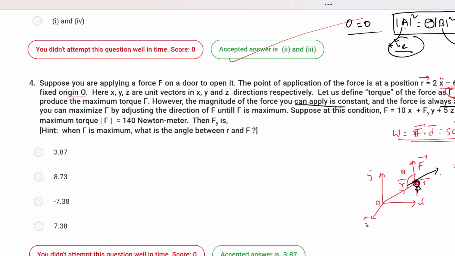Then sine theta is 1, that is the maximum value of sine theta. And when theta is 0 degrees, sine theta is minimum, which is 0. So clearly, only if your theta is 90 degrees will you have the maximum value of sine theta, or 1, and then only can you have the maximum value of the torque, that is tau, right?